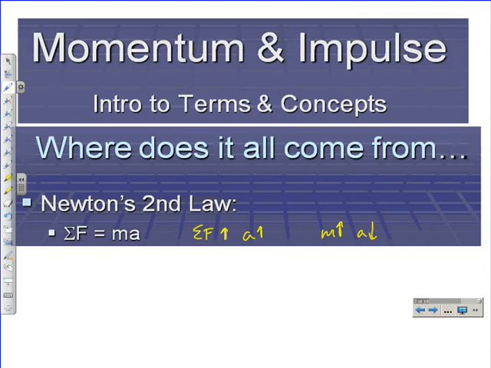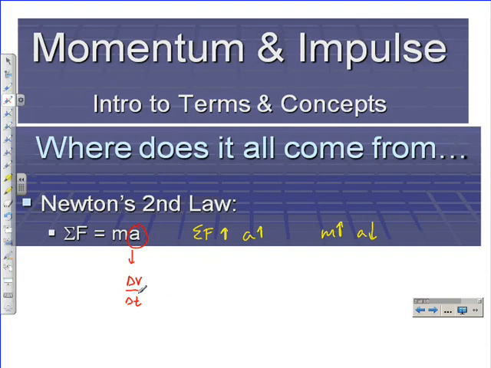But in this chapter, we want to throw in another factor. Acceleration is actually a relationship between two things: the change in velocity over the time during which that change occurs.